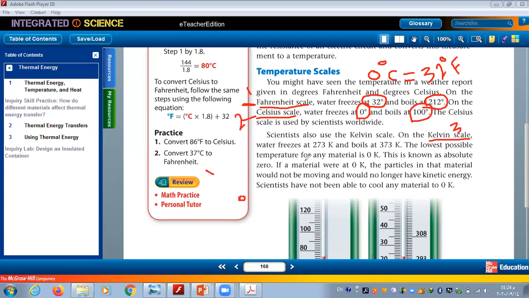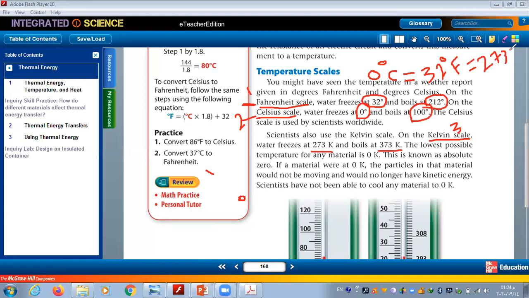In the Kelvin scale, water freezes at 273 Kelvin and boils at 373 Kelvin. The K here means Kelvin.